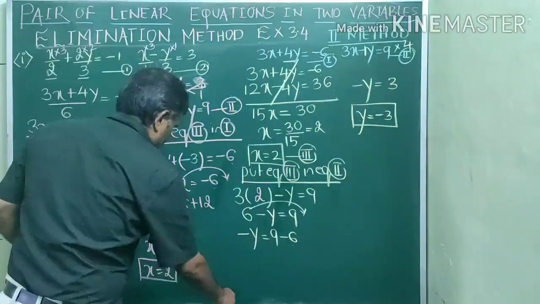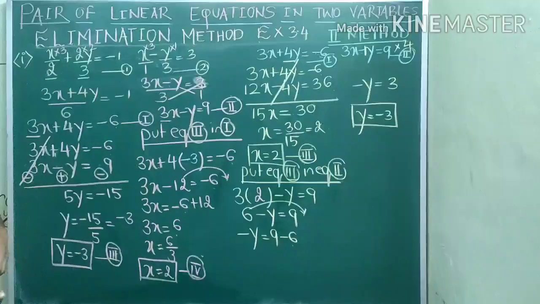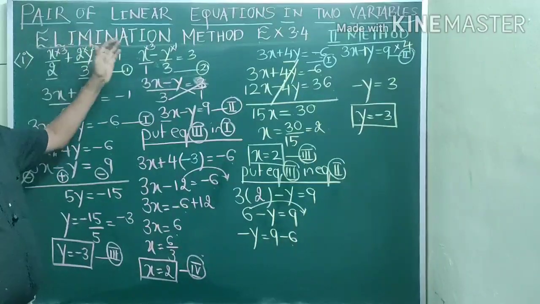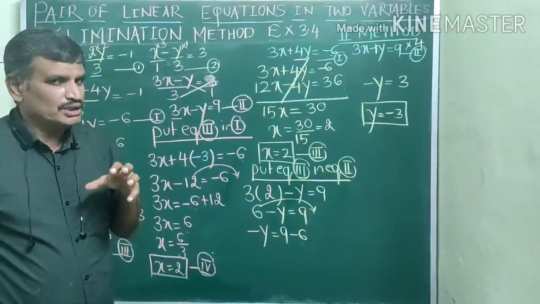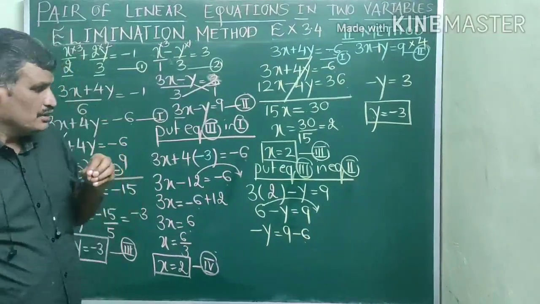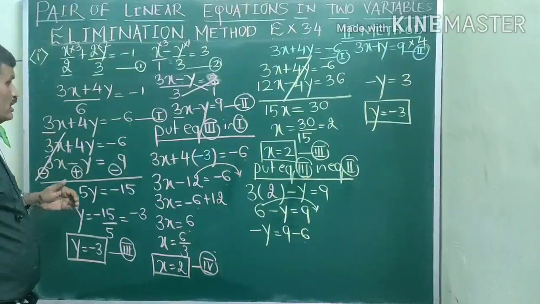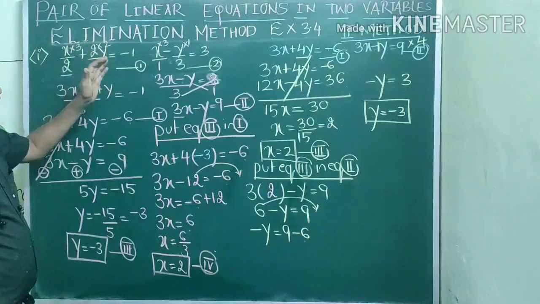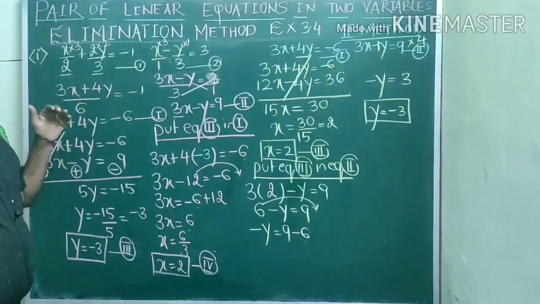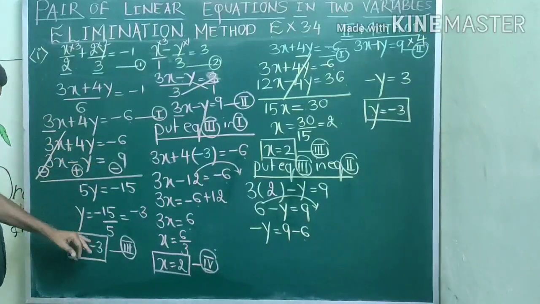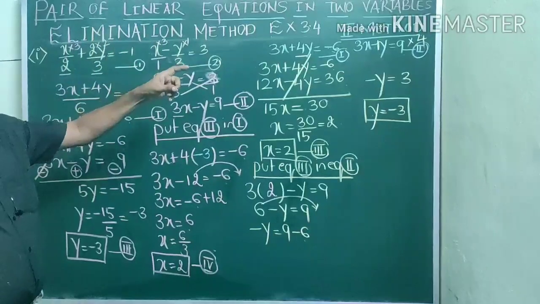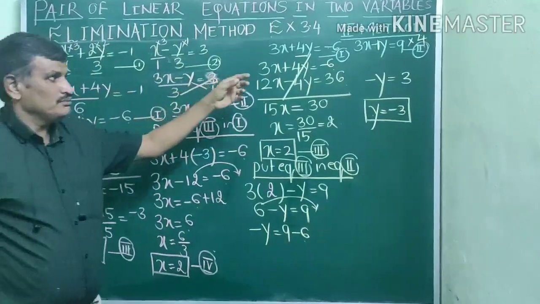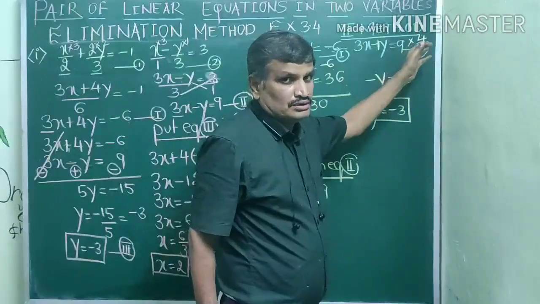Now children, let us see what we have done. I have taken one equation where the coefficients of x and y are rational numbers, and after that I solved the equation first by eliminating x and putting the value of y in the first equation. In the second method, I have taken the same two equations.